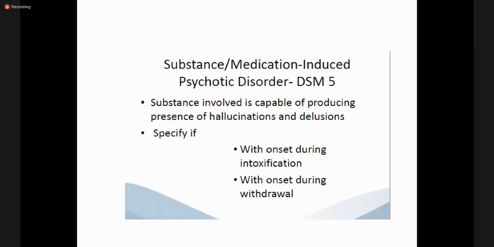So substance or medication-induced psychotic disorders: some substances are capable of producing hallucinations and delusions. Right? So a substance is any recreational drug such as cannabis, crystal meth, methamphetamine, alcohol, which is inducing some sort of psychotic disorder.